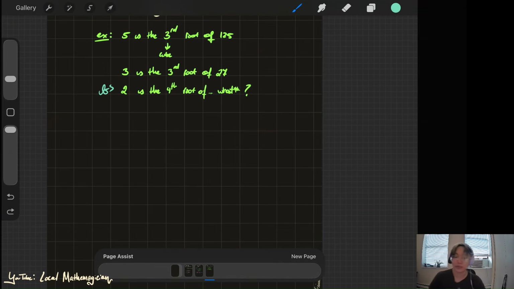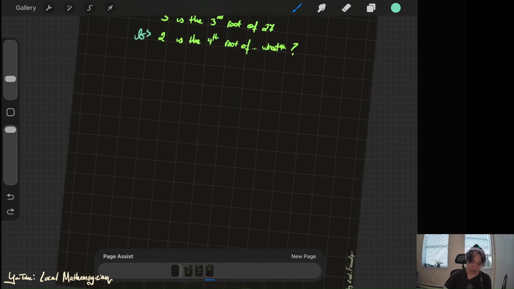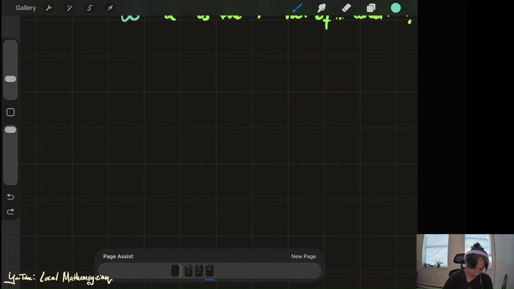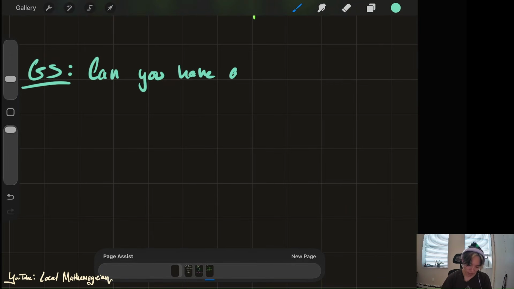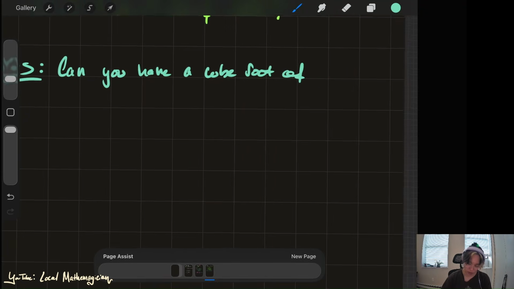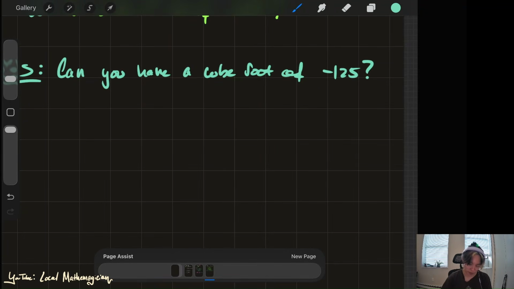All right. My next Gradescope question for you is, can you have a cube root of negative 125?